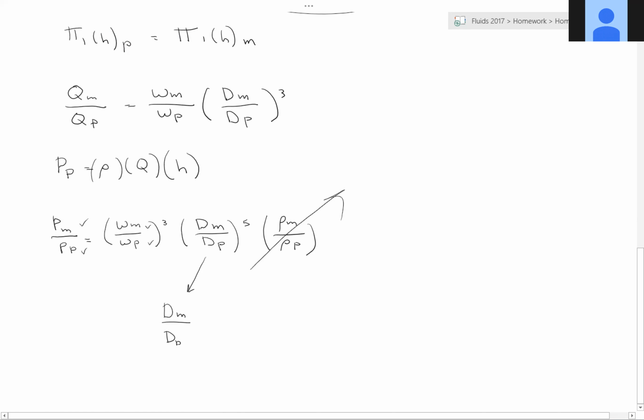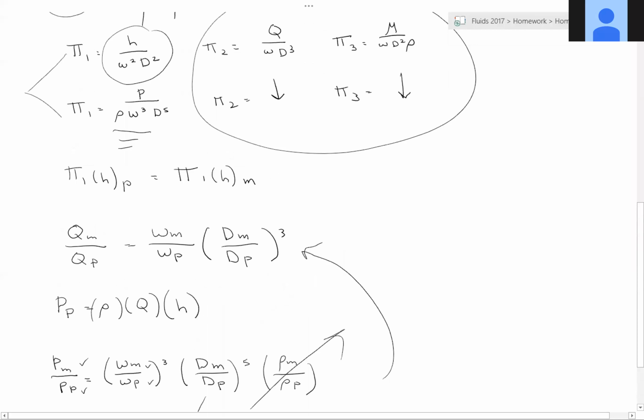So once we solve for that ratio, what can we then do? What can we then solve for? Now we can find the Q, right? Because all we needed was that ratio.